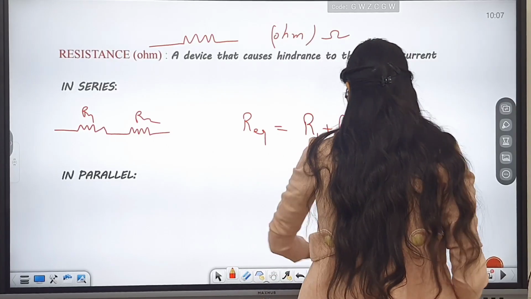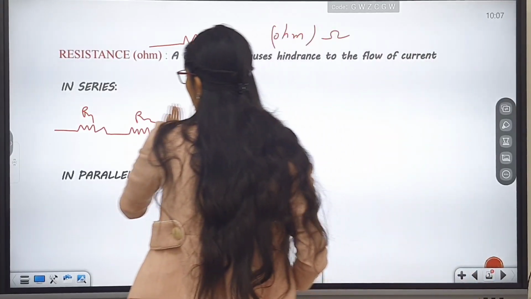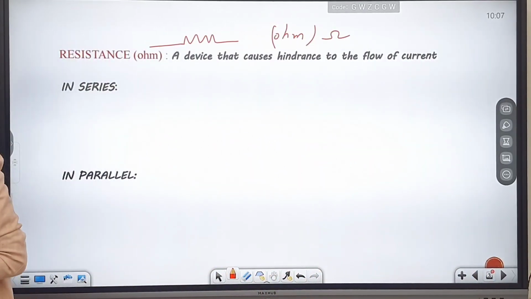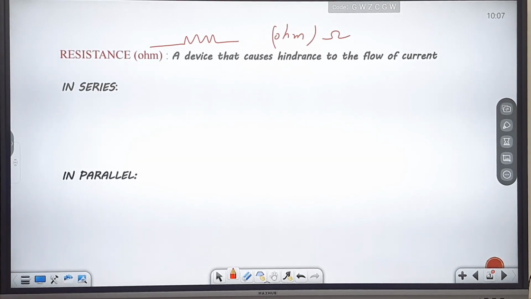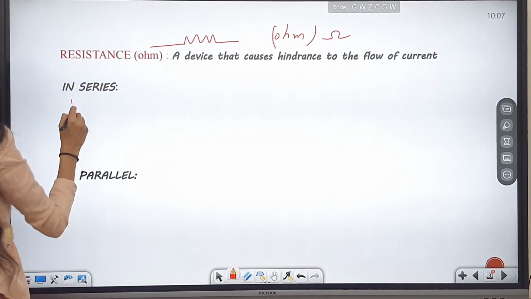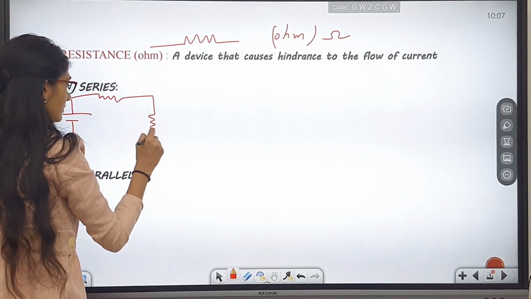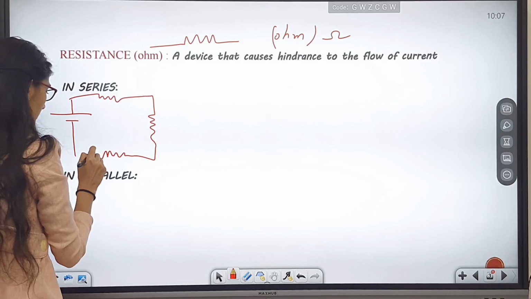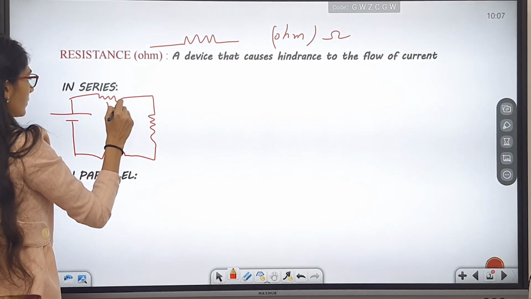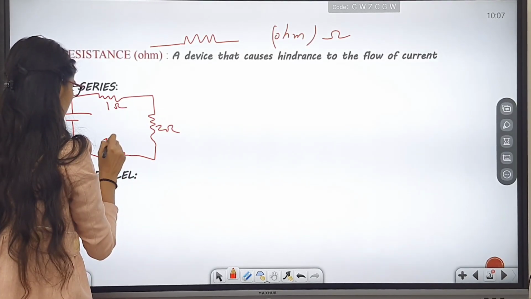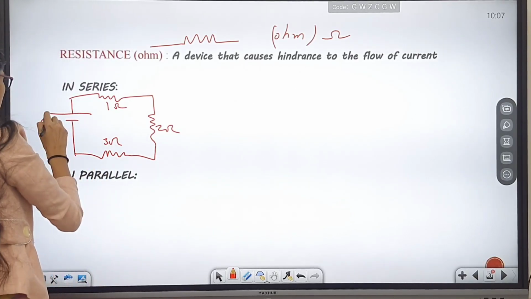So we will do some simple numericals on it. Say here is a battery, and suppose this is 1 ohm, this is 2 ohm, this is 3 ohm, and this is a 6 volt battery.